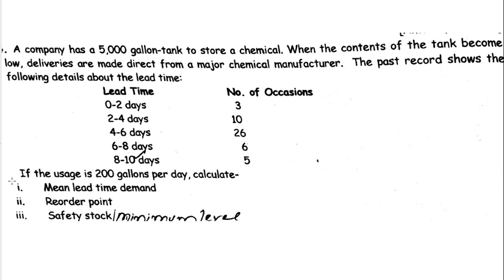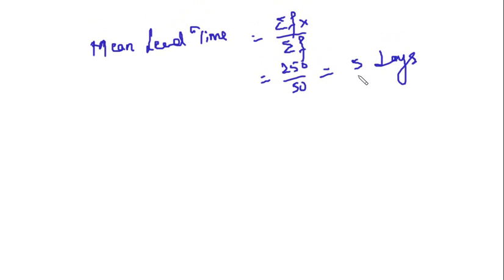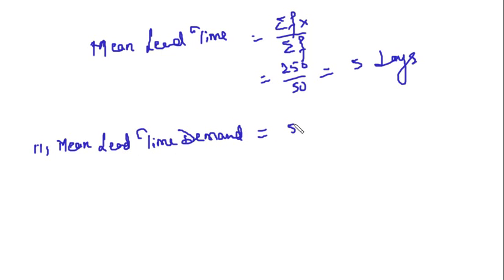Now he says calculate mean lead time demand. What is the mean lead time? 5 days. What is the demand in 5 days? Mean lead time demand. This comes to, what is the mean? 5 days.